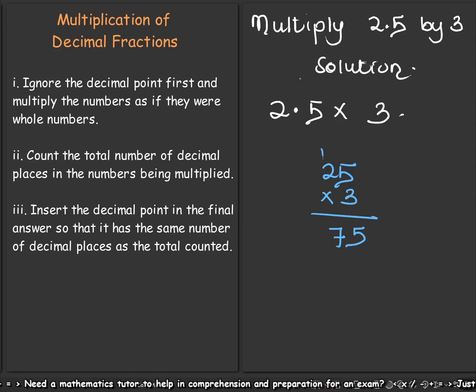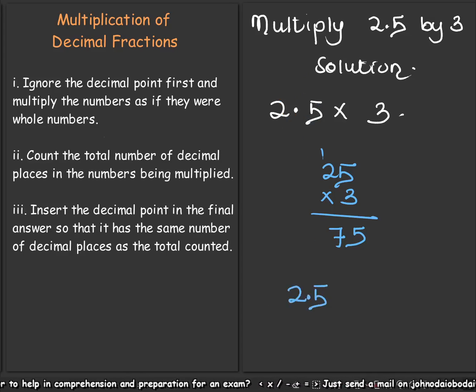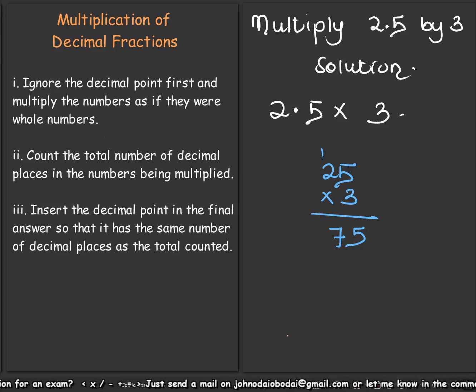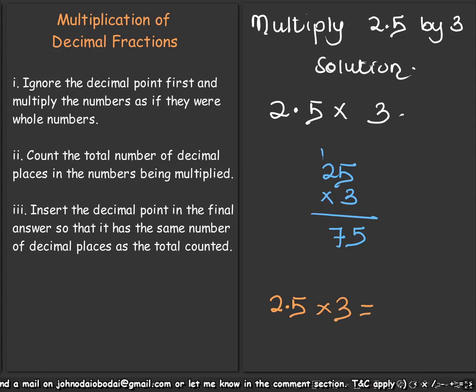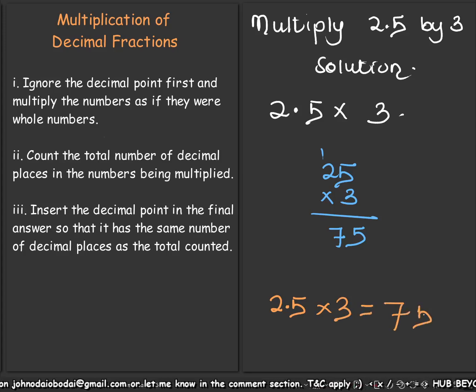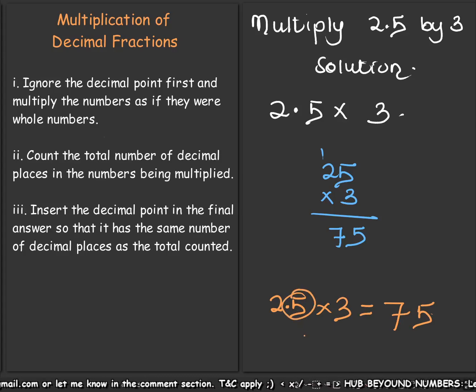Looking at the number 2.5, how many decimal places does it have? It just has one number after the decimal point. So it simply means that 2.5 times 3 is actually not 75, but there's one decimal place.